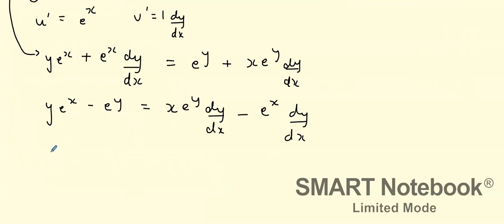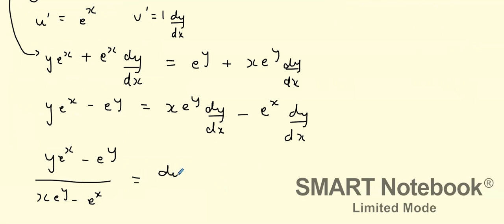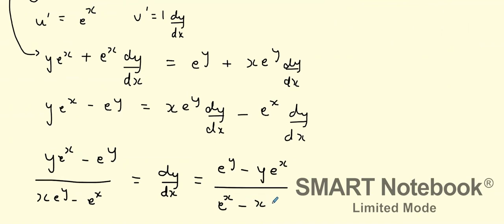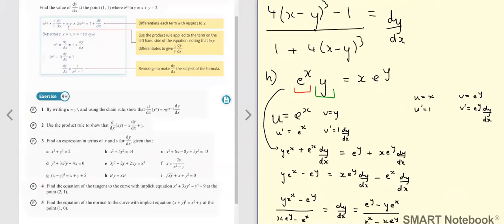And from there, we can factorize the right-hand side and divide it through. Or we could have multiplied everything by -1 here. So we could have had e to the y minus y e to the x over e to the x minus x e to the y. Either answer is acceptable.